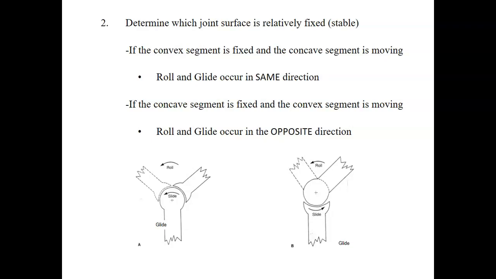Anterior, posterior? What direction is the shaft of my femur moving? Posterior. It's the convex moving on concave. So my glide would be anterior. Right? The shaft of the bone is moving posteriorly, so my glide has to be anteriorly. Okay.